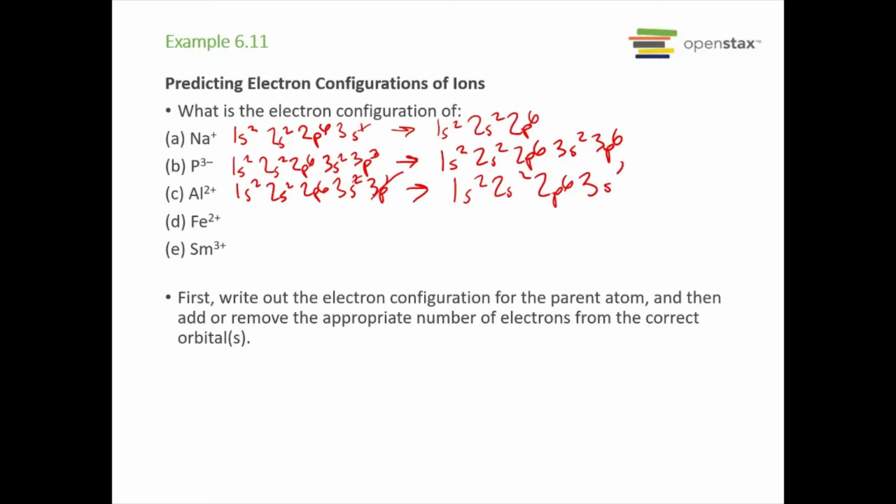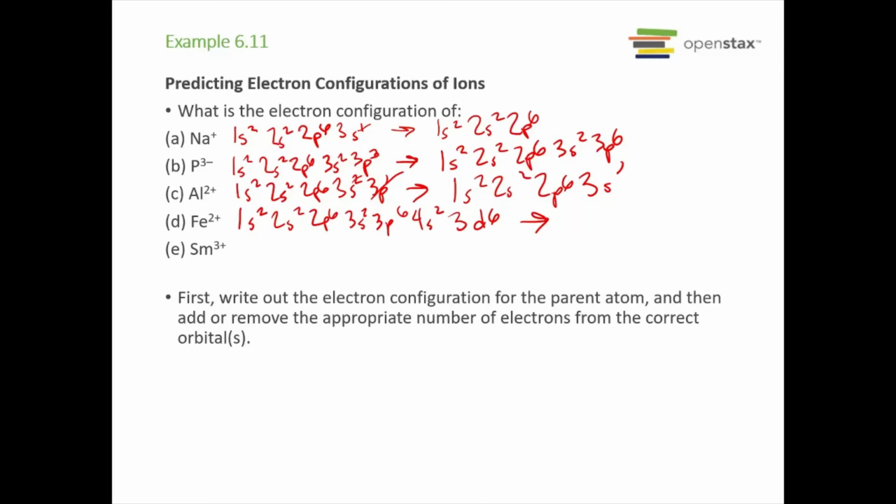Next up, iron. Iron, to start off, is going to be 1s2, 2s2, 2p6, 3s2, 3p6, 4s2, 3d6. Now, we have iron plus 2, so we're losing 2 electrons, and this is a transition metal.